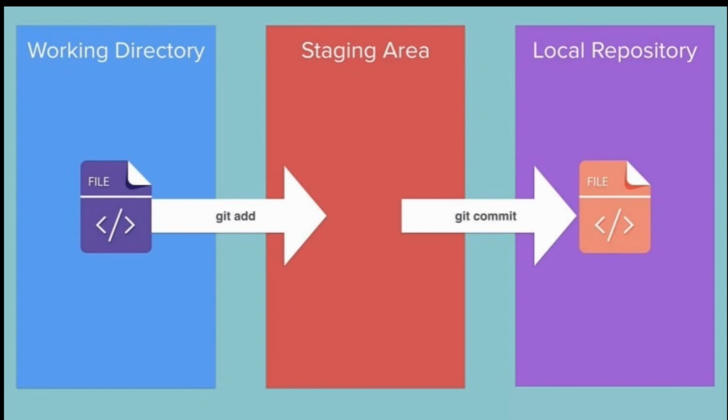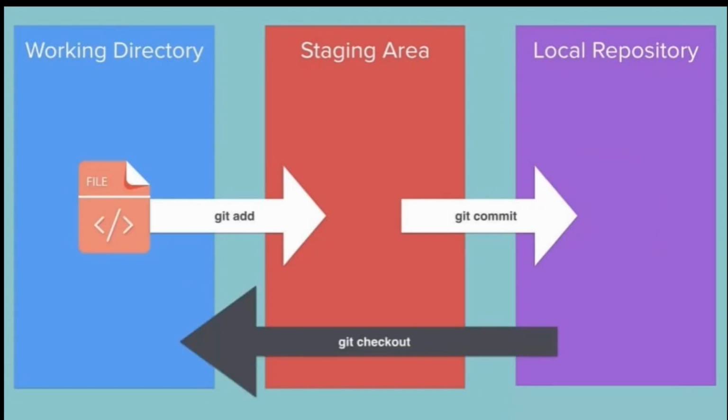We have used the command git commit, and in this way we can commit the present status of the directory and create a version of it. We can also give this version a name using the -m flag.